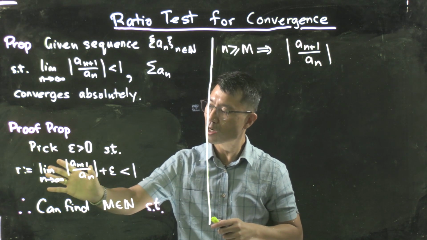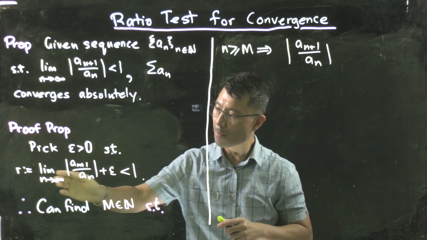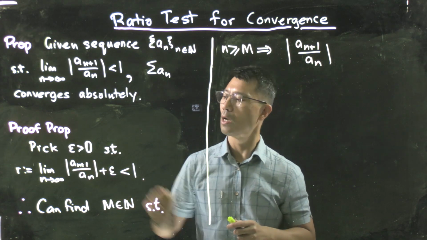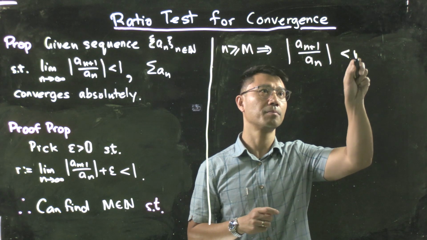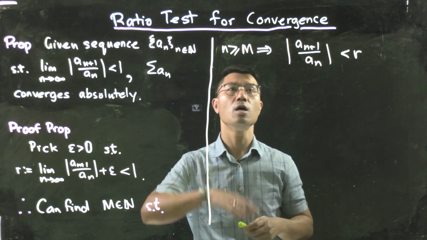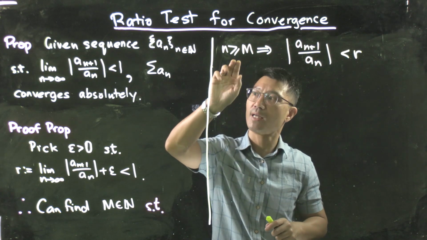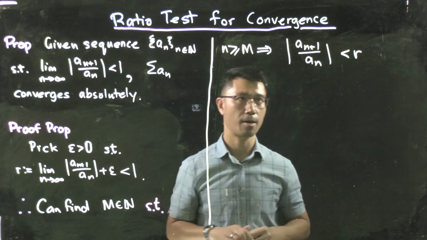And if it's within epsilon of this limit, that means the biggest it can be is this limit plus epsilon. So the biggest it can be is this r. So this is less than r. Okay, so that's when you go far enough out in this sequence, for n greater than or equal to m.